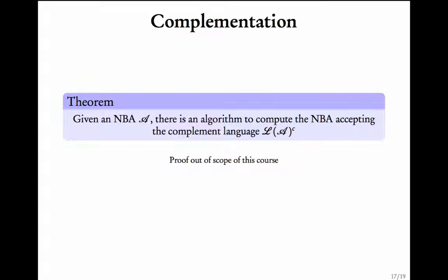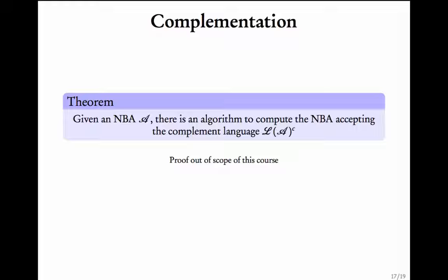It turns out that we can indeed compute the NBA accepting the complement language. However, the proof of this and the method of doing this is out of scope of this course. If you search for Büchi automata complementation, you will get a lot of references. This is for the more interested ones who would like to have a look at the proof of this theorem.